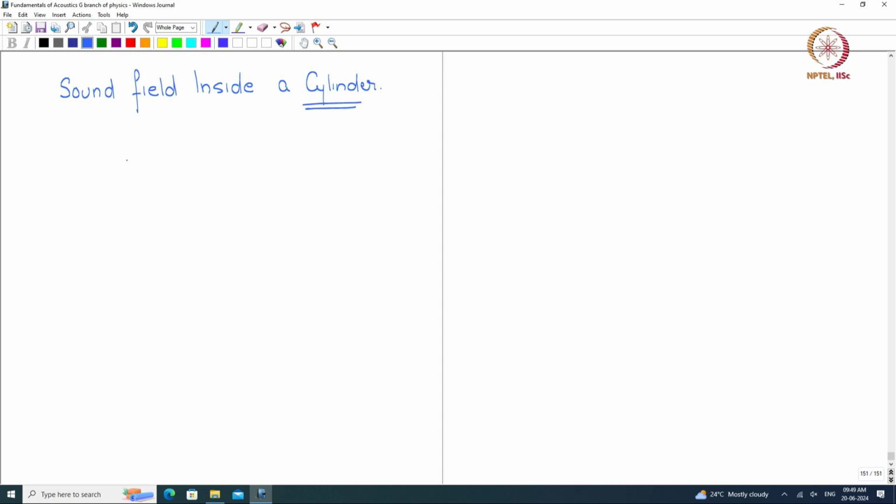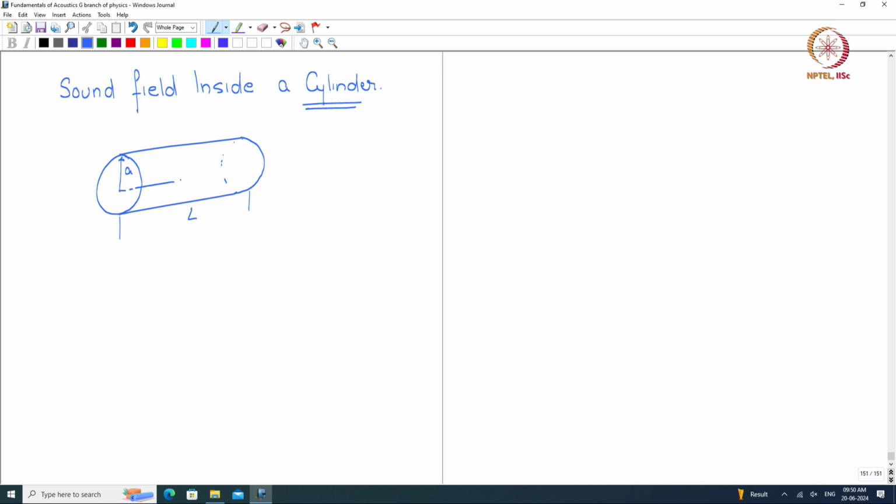Okay. So, what is this? This is a cylindrical enclosure of length, let us say Lz, of length L, and a radius of A. Okay.